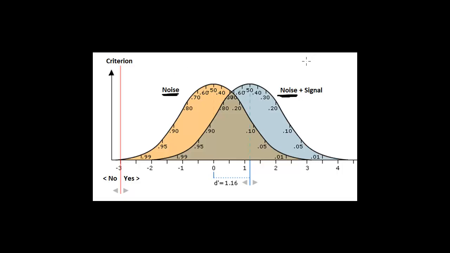So, in other words, I want you to think of the noise and signal distribution as being the same as the noise distribution, but with an additional element added in, that element being the signal.